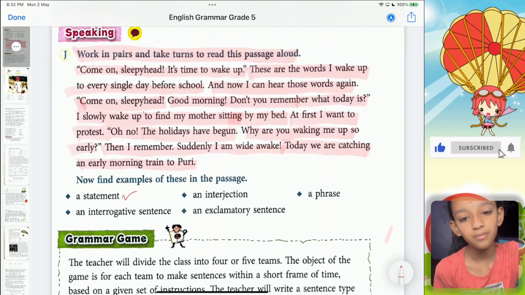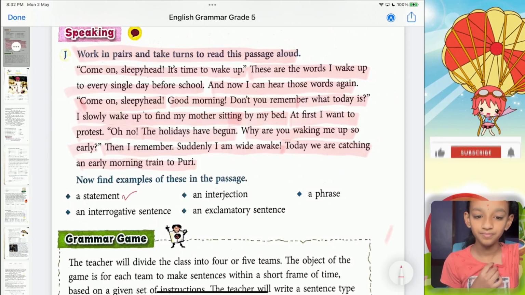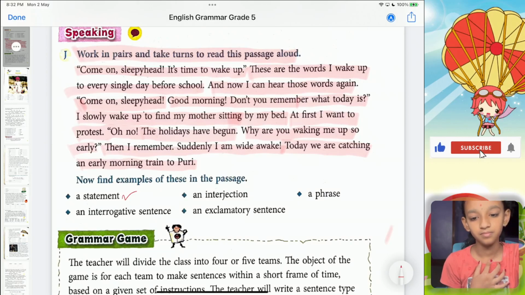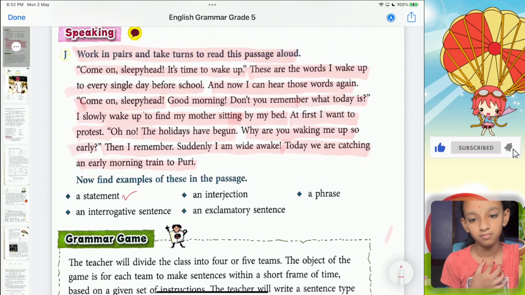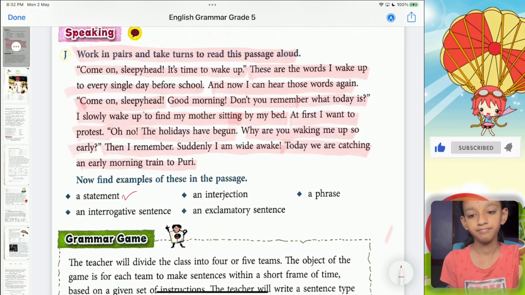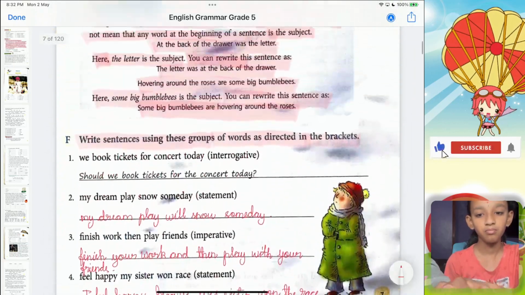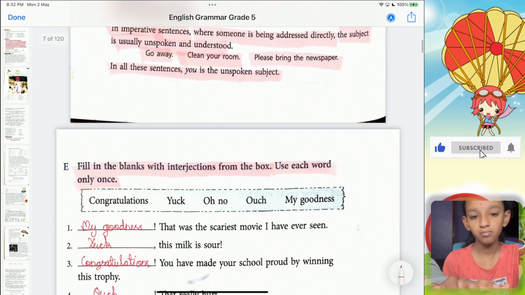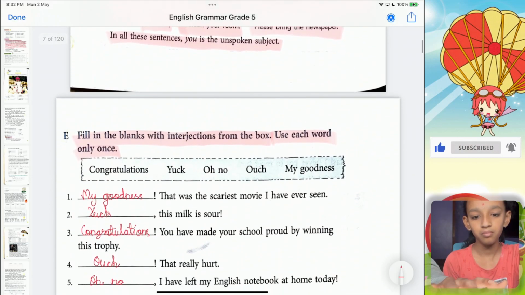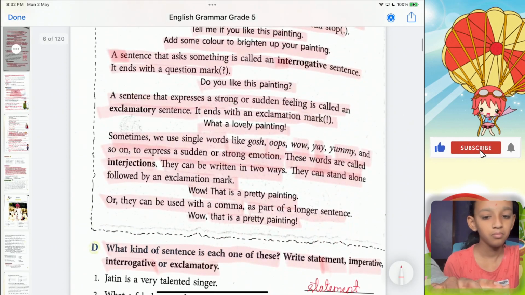Interjections are like your exclamatory words.